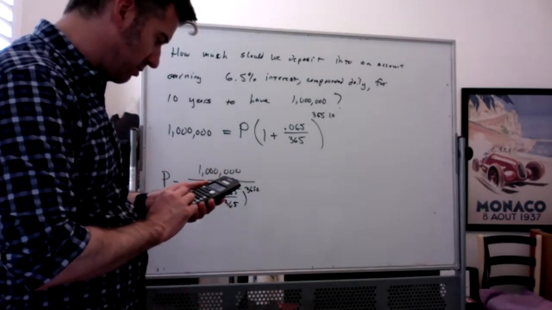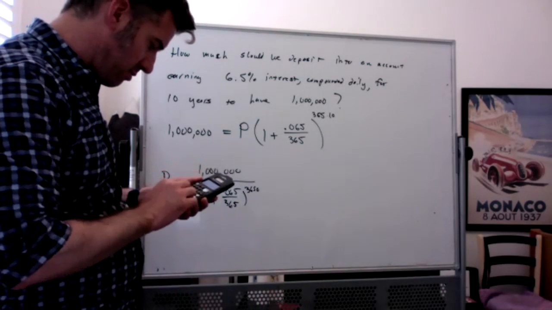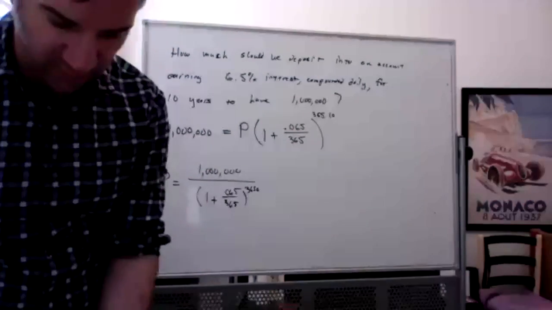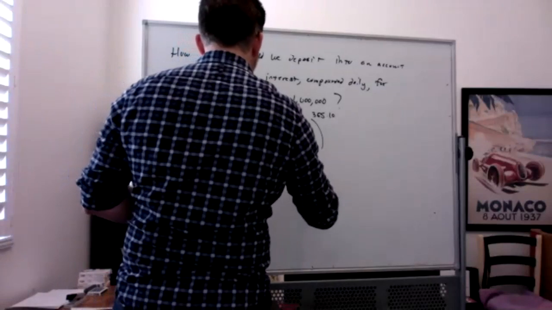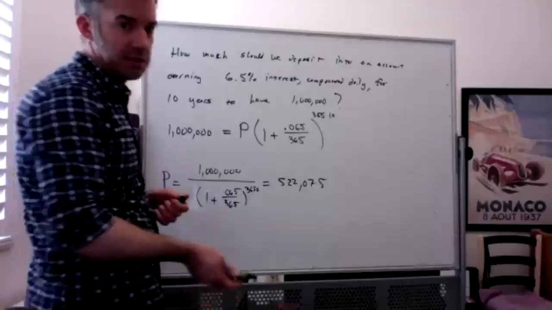So $1 million divided by that number, I'm getting $522,075.99.